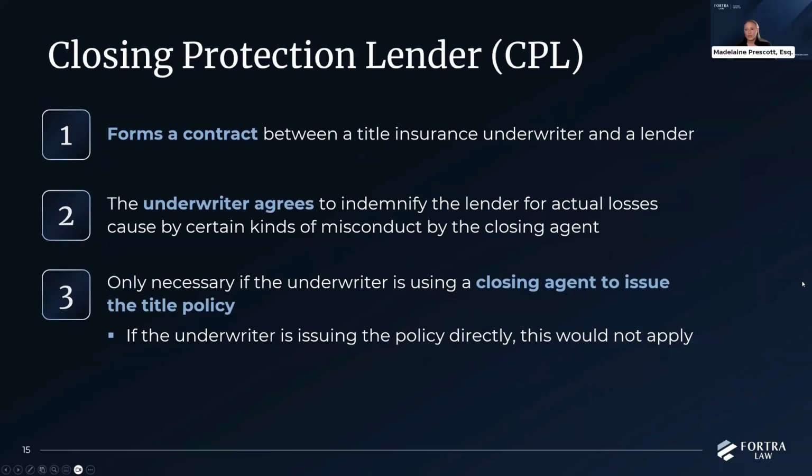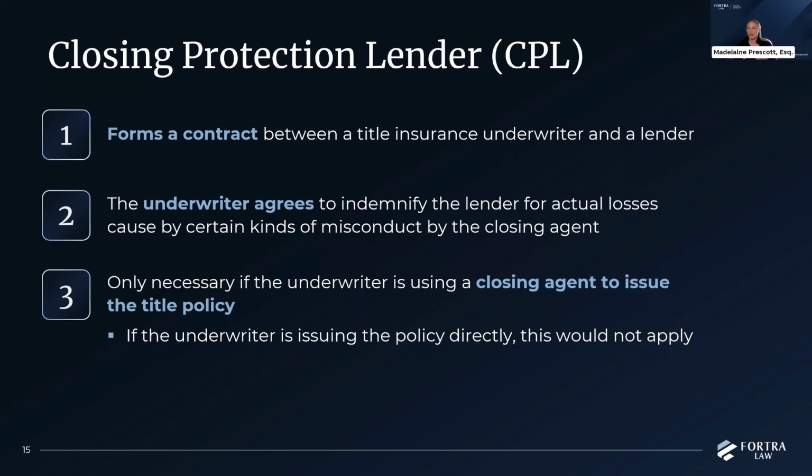We'll start with the closing protection letter, also called a CPL. This is a contract that's going to be formed between the underwriter and you as the lender, and it's only going to be used when the underwriter is using a closing agent to issue the policy. So it's very important, if there is a closing agent, that you get this, because the underwriter is agreeing to indemnify the lender for actual losses if the closing agent has certain misconduct, like negligence or fraud or something like that.